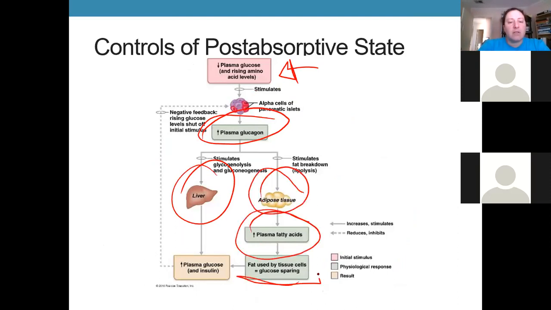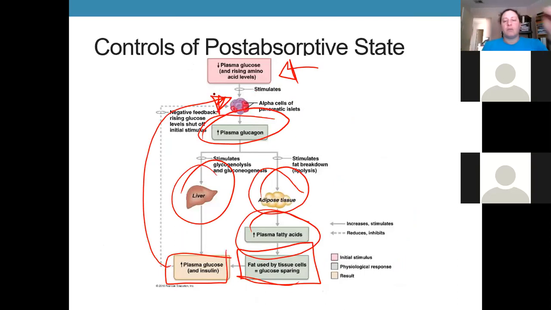And so then we get this glucose sparing, we get an increase in blood sugar, and that's going to be a negative feedback to shut off the glucagon, and we'll just fluctuate around our normal blood glucose level until we eat another meal, and then it all goes back to absorptive state and insulin and all that.